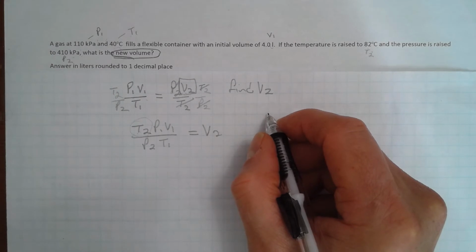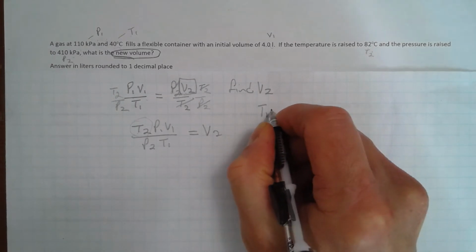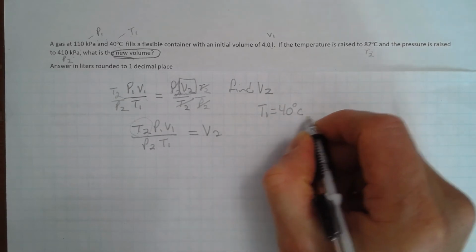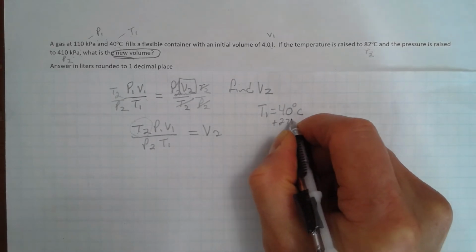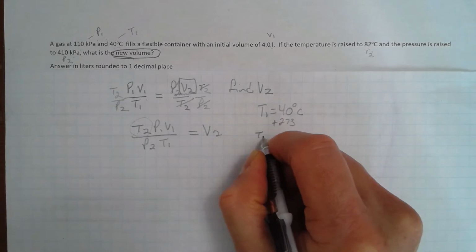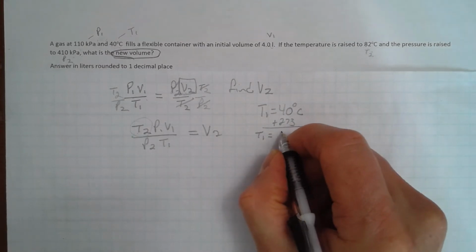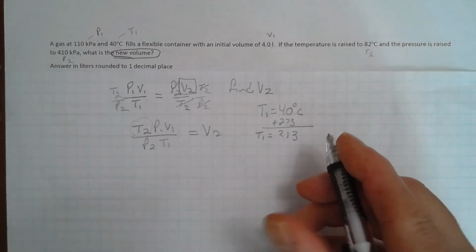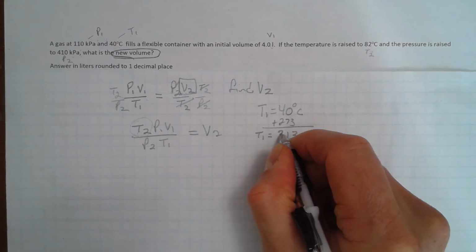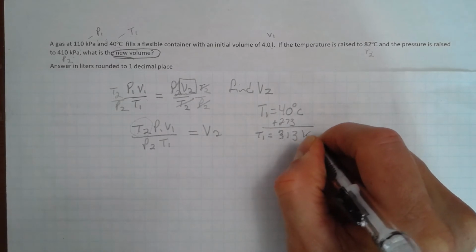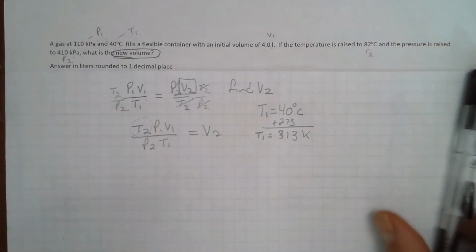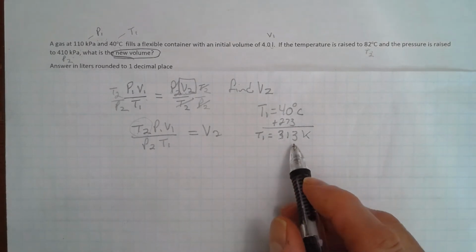So we have to take T1, which was 40 degrees Celsius, and add 273 to that, and that will give us T1 in Kelvin. So that's going to be 313 Kelvin.